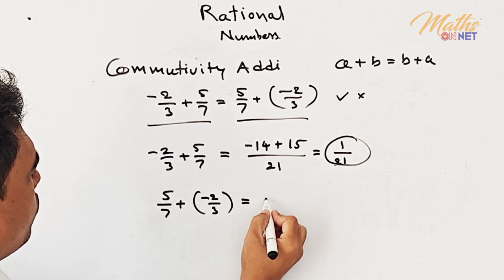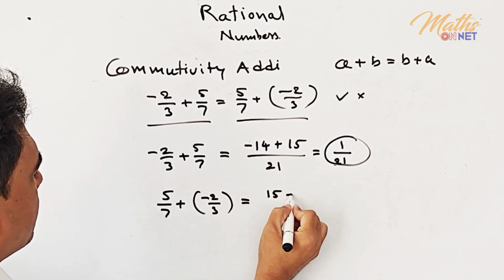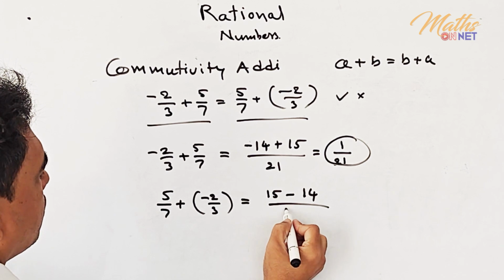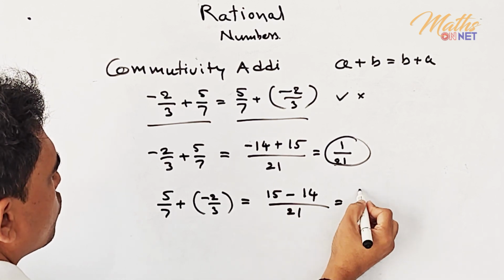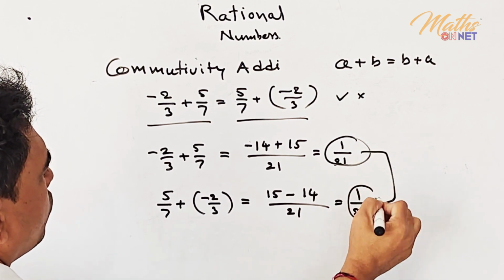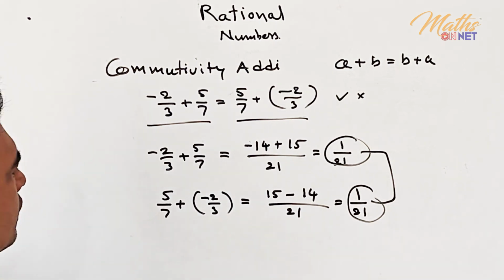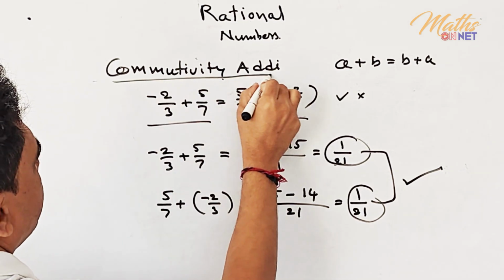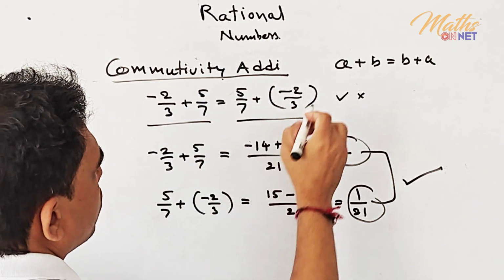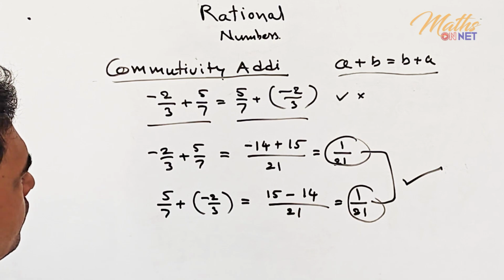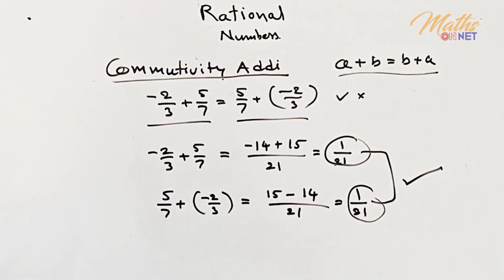So, this is equal to 15 minus 14 divided by 21. So, this comes to 1 upon 21. So, you see both the answers are the same, and that means that commutativity for addition is true. So, that means A plus B is equal to B plus A. So, remember, commutativity is true for addition.